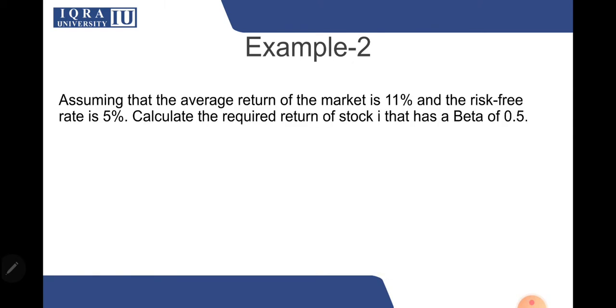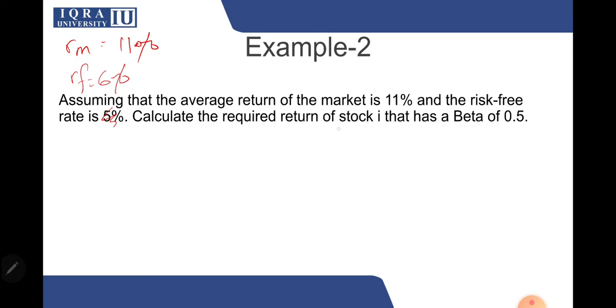This is the example. Assuming that the average return of the stock market is 11% and the risk-free rate is 5%. Okay, it says 5% over here, but this is a typo. The risk-free rate is actually 6% in this question. So this is the risk-free rate, and the average return on the market is 11%.